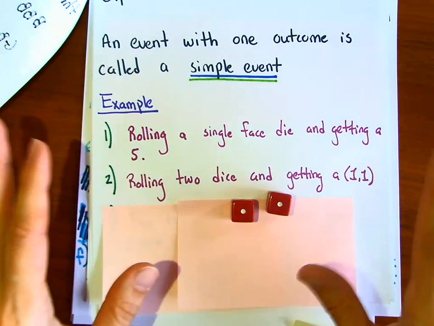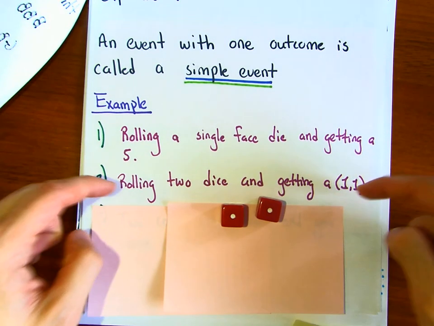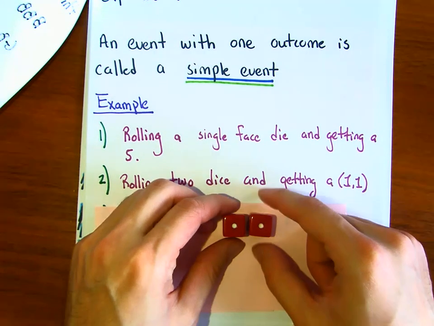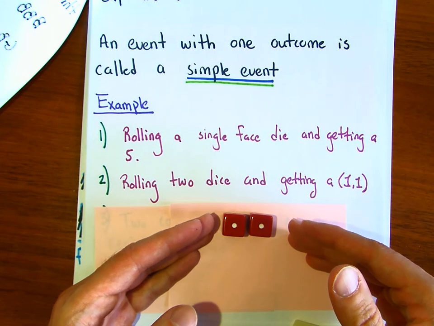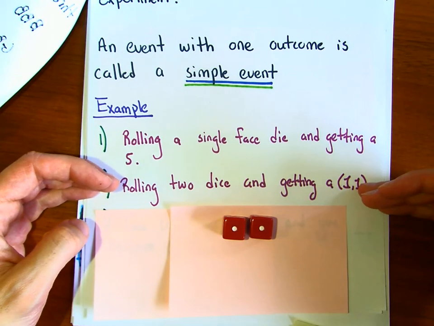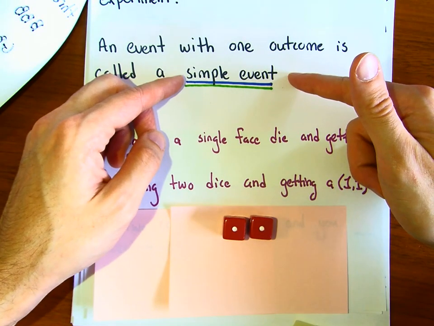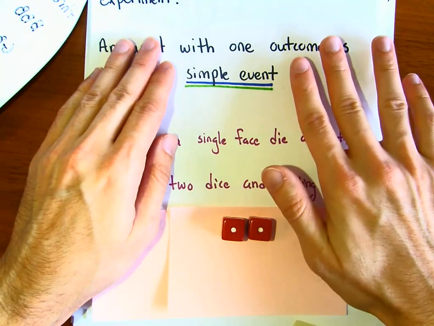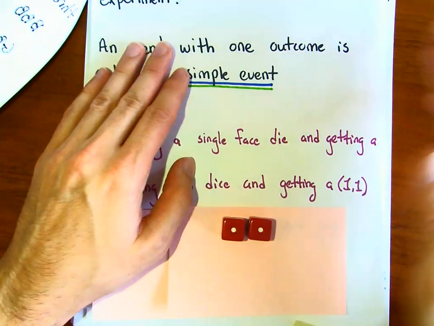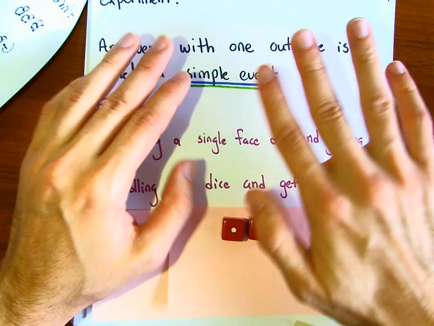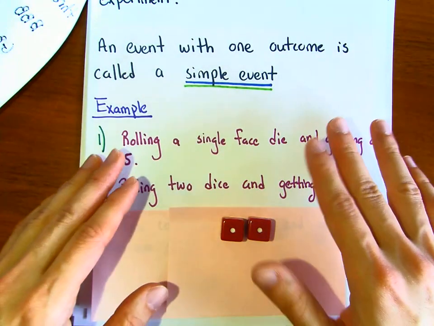There's nothing else in the world that will satisfy this condition unless this occurs. Notice that because this is the only thing that could occur that satisfies this condition, we're going to call it a simple event. Okay? Now, if you still feel shaky, trust me, once we do the next example and the next page, it'll feel a little better. So if you feel shaky on this, just be patient, okay?